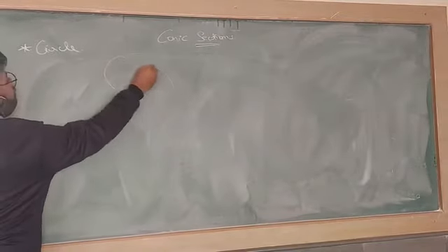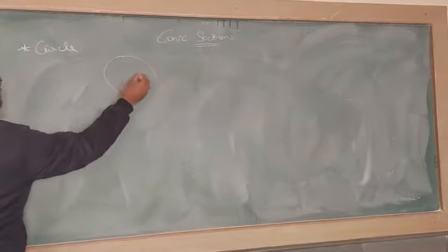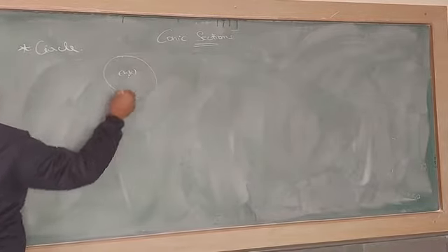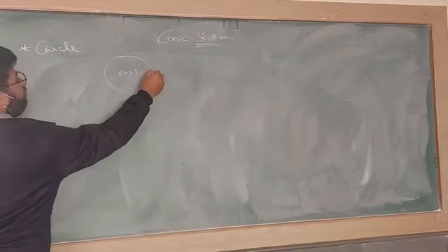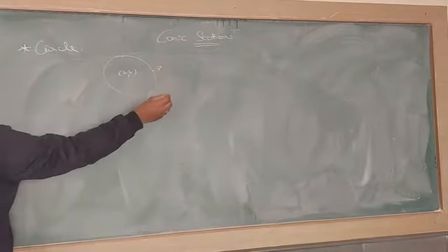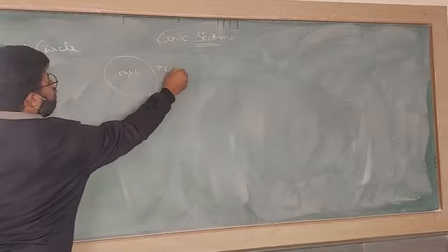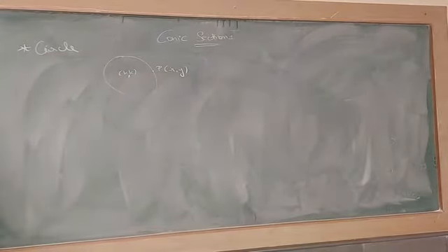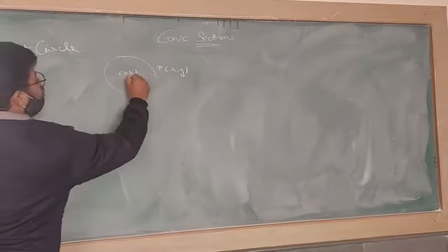Suppose we take this as a circle whose center is h, k, and point P is x, y. This is your radius.